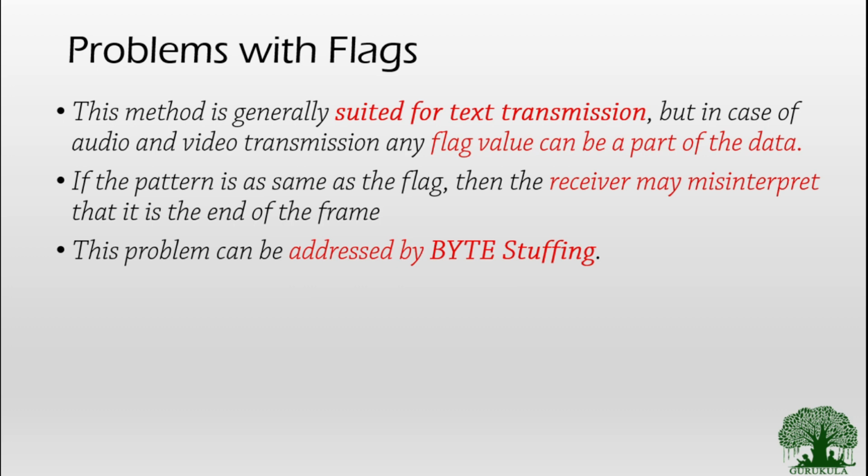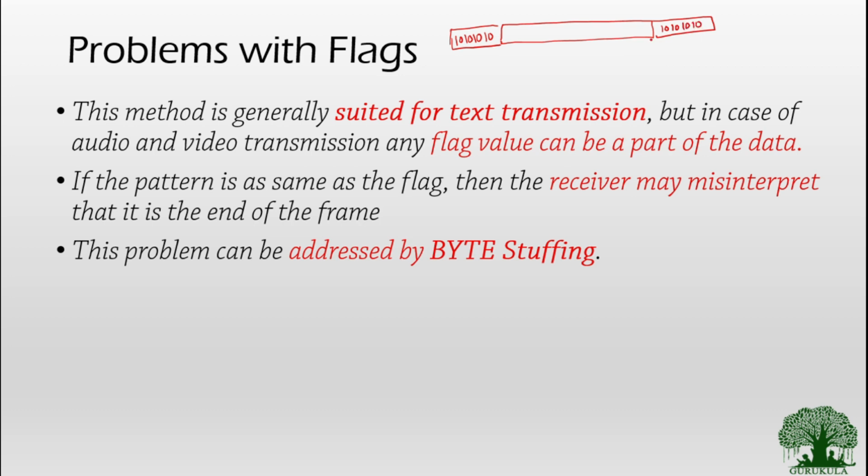That is what byte stuffing is. Let's take an example: this is the frame which I want to communicate, and this is the flag which I have added. In our example, we have 4 pairs of ones and zeros to represent the boundaries of the frame.